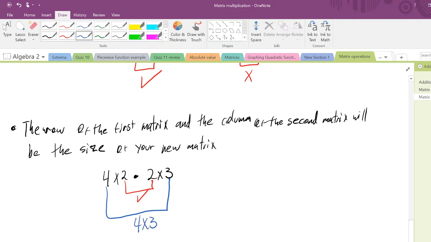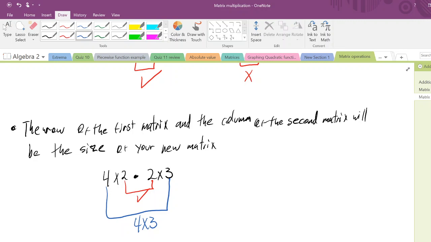So the inside tells you if you can do it. The outside is telling you the size of the matrix that you're going to have. And if you get something else, then you know you did something wrong. Okay. So now let's look at this example.